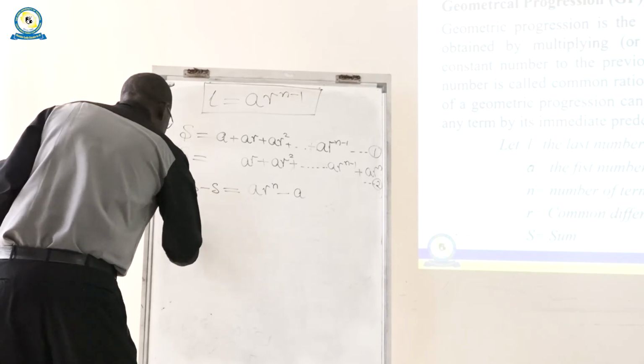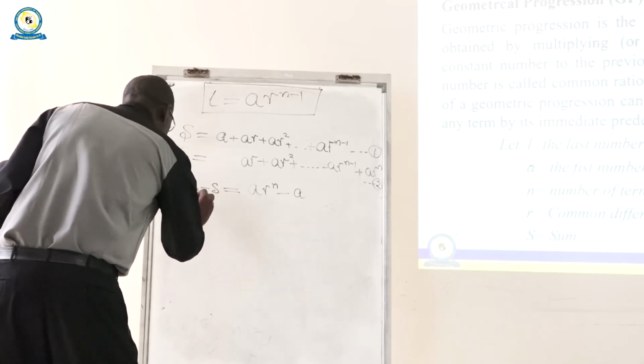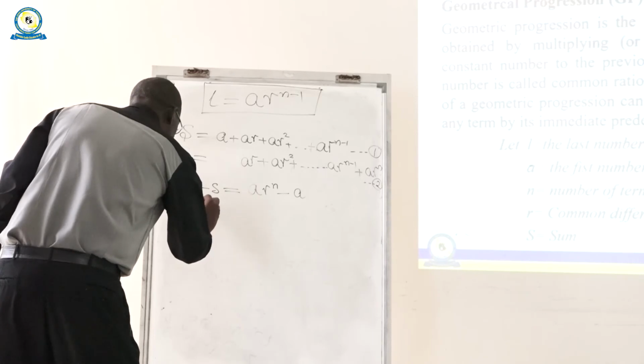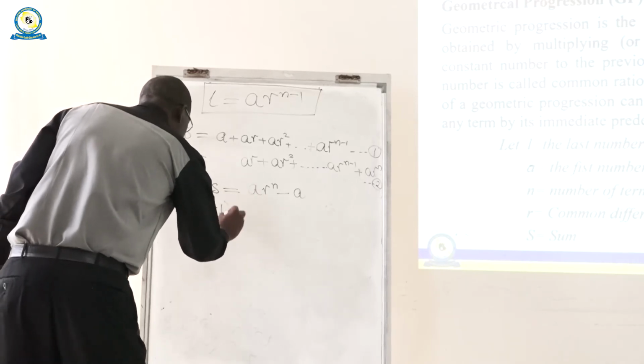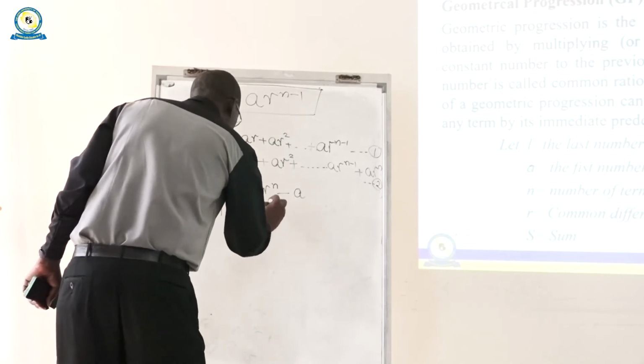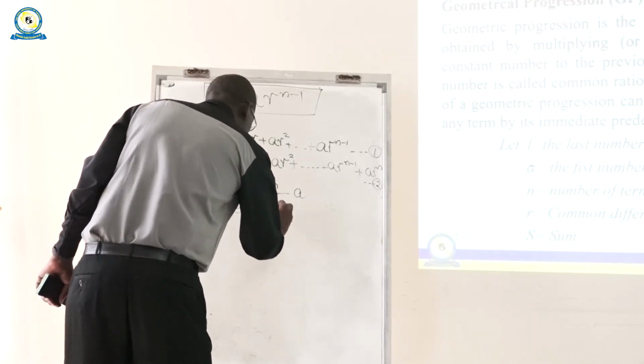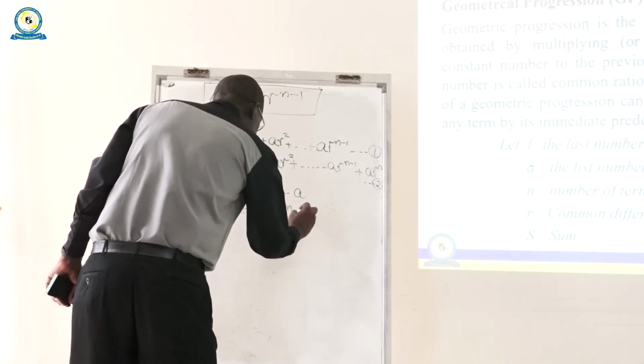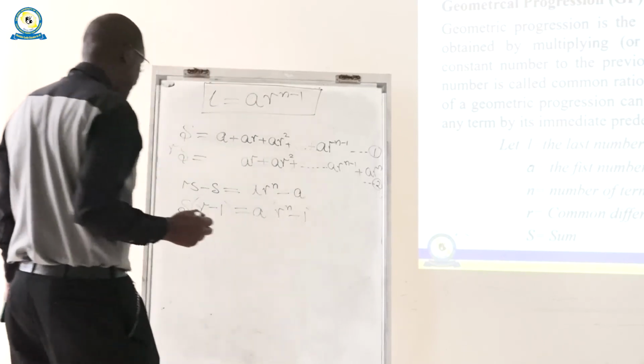The common factor on the left is S, so S times (R minus 1) equals A times (R^n minus 1).